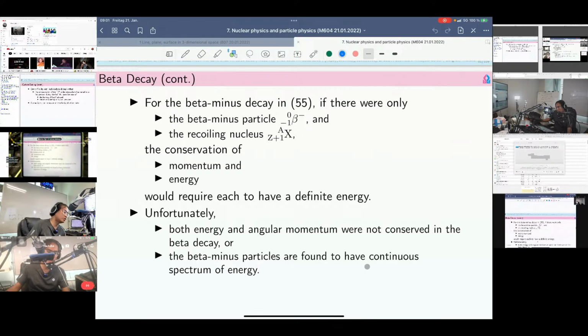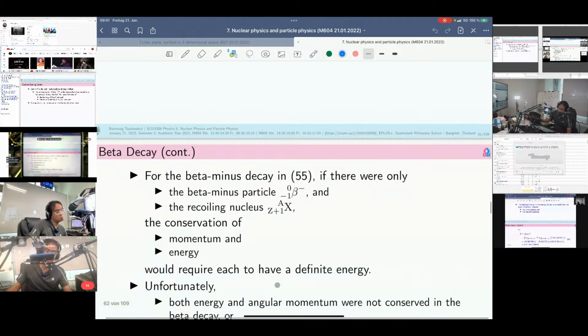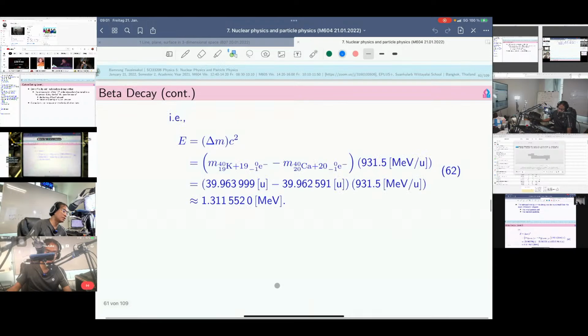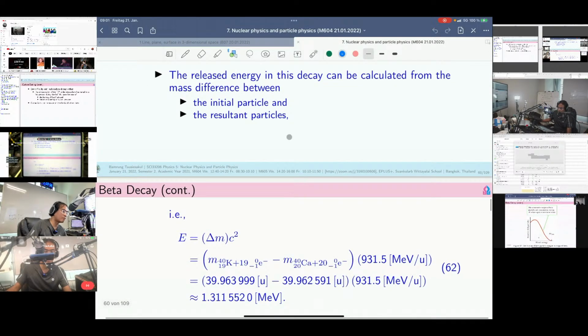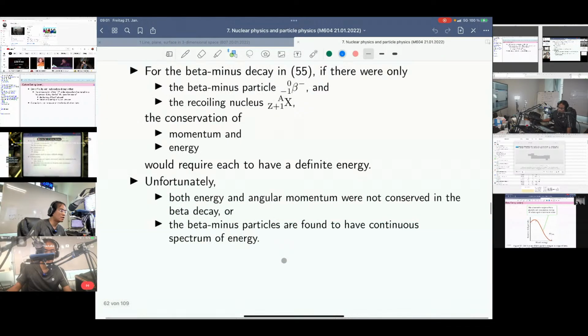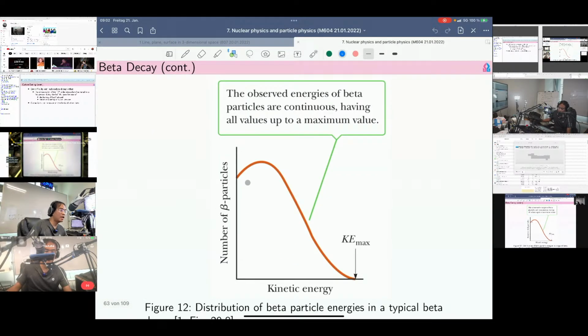So what's the problem then? Usually we would get a discrete value from what we have calculated here. But from the measurement, the energy of the electron is continuous. It's not discrete.